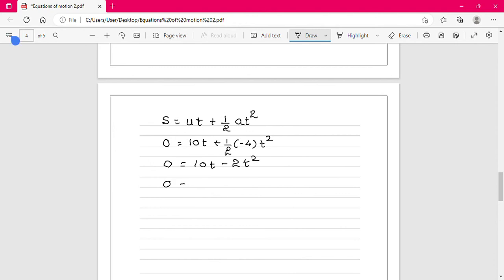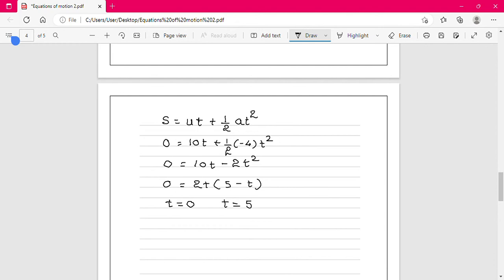Now here you can take 2t common. So you get 5 minus t. So if you solve this, you will get two values of t. T is equal to 0 and t is equal to 5. But t is equal to 0 is the first time the particle crosses the origin.